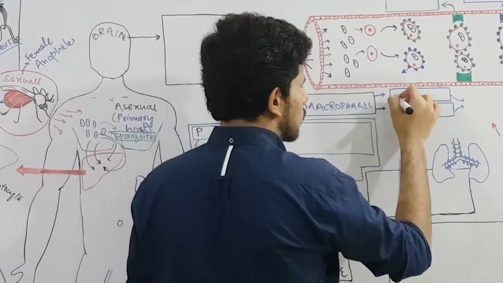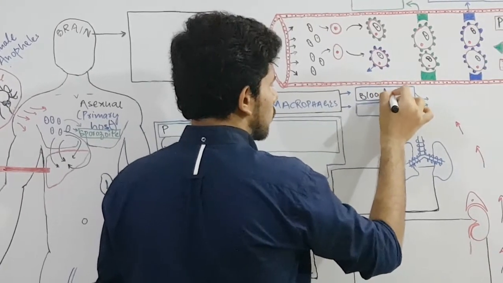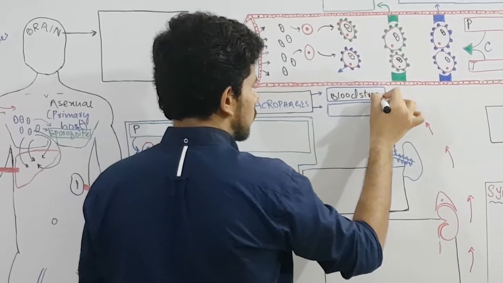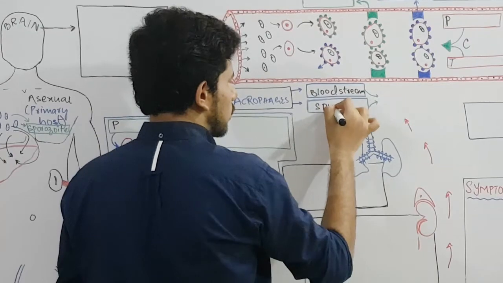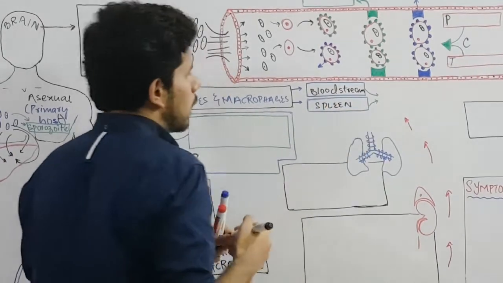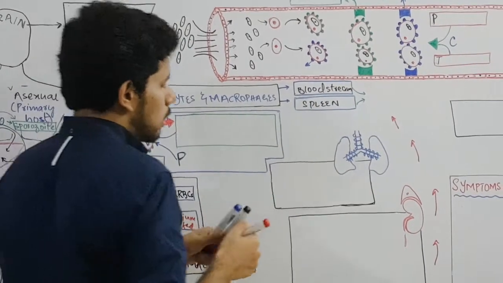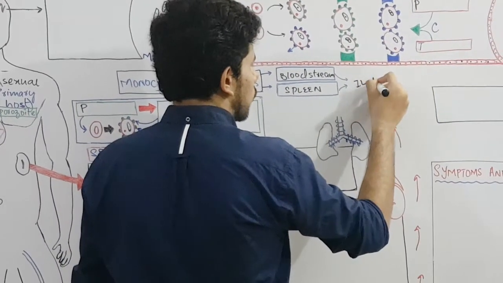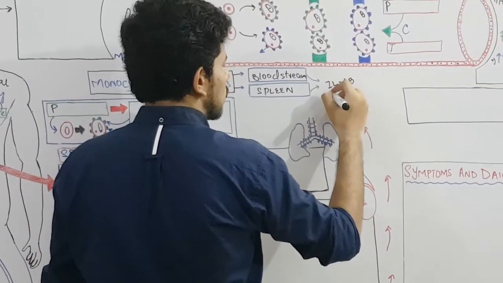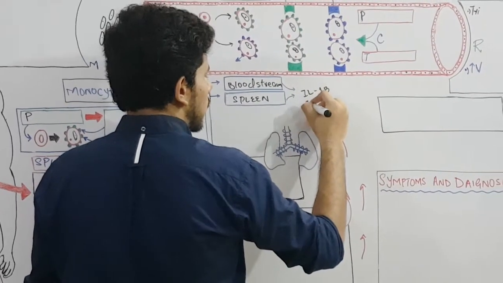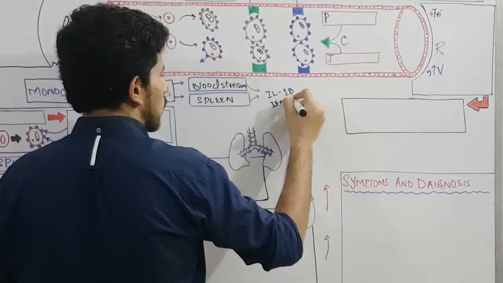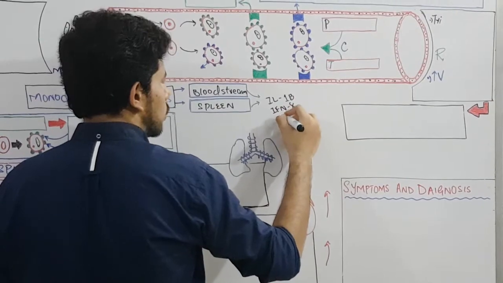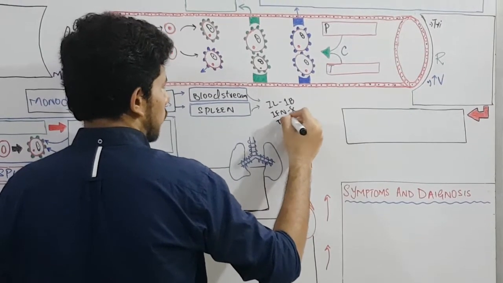So in the bloodstream and in the spleen. And the types which are released are number 1 interleukin 1b, number 2 interferon gamma, and number 3 tumor necrosis factor alpha.